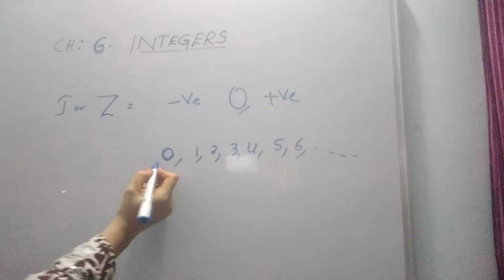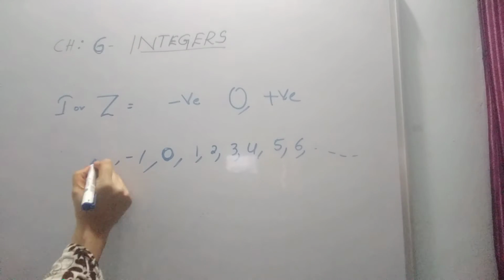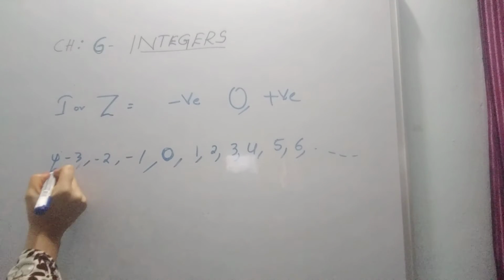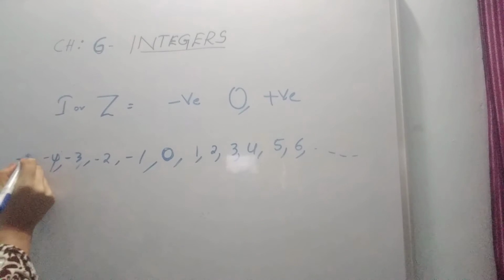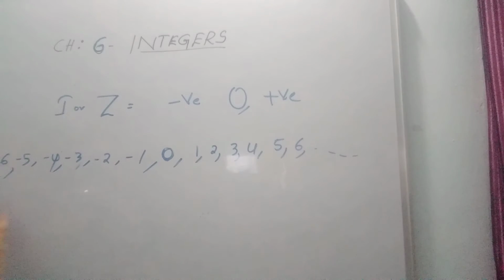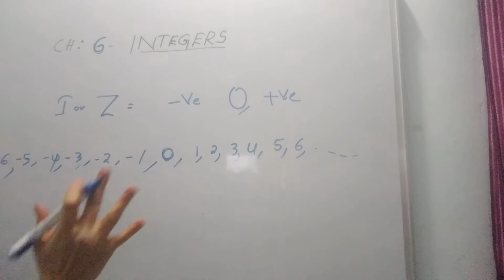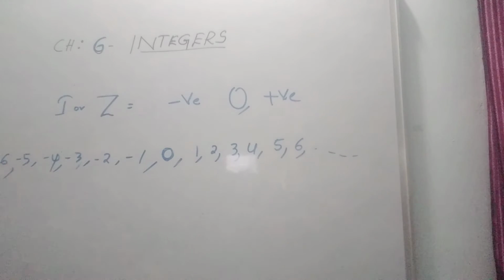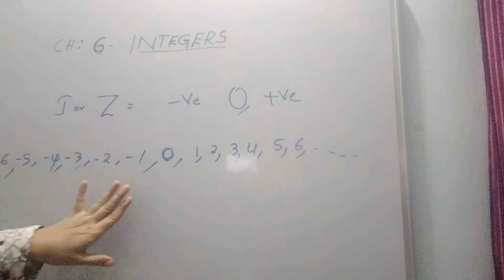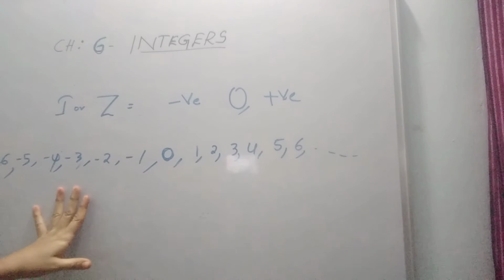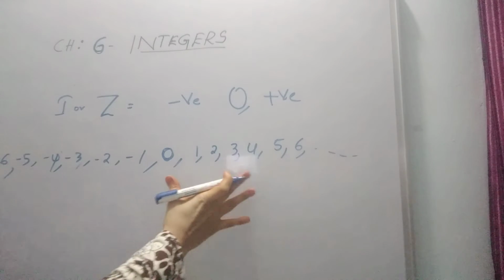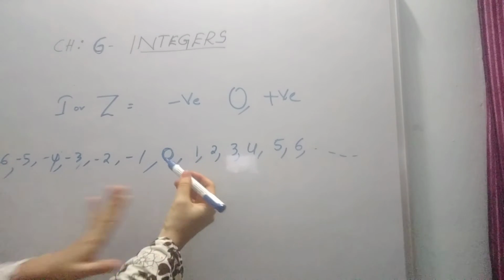Here we write minus 1, minus 2, minus 3, minus 4, minus 5, minus 6, like this. So positive numbers are written after 0, that means the right side of 0. Negative numbers come on the left of 0. These are the greater numbers.